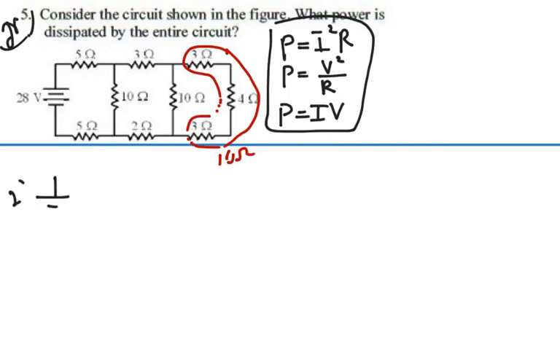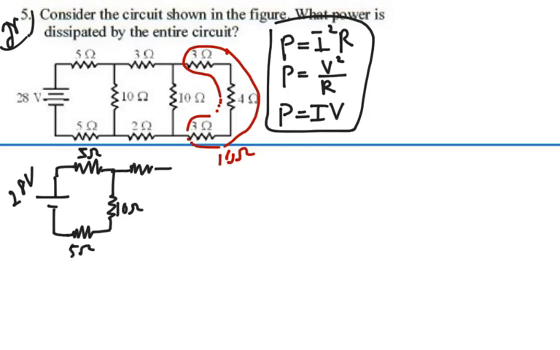We have a 28 volt battery, a 5 ohm resistor on top, 10 ohms here, 5 ohms on the bottom, and then we have a 3 ohms here, 10 ohms here, and 2 ohms on the bottom here. And now we've replaced that series combination with 10 ohms over here on the outside.